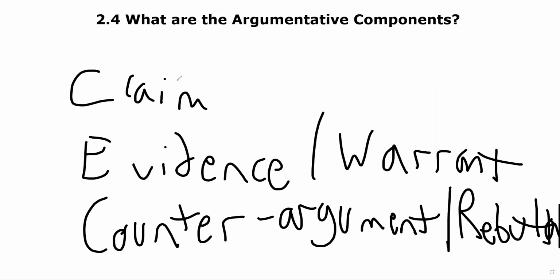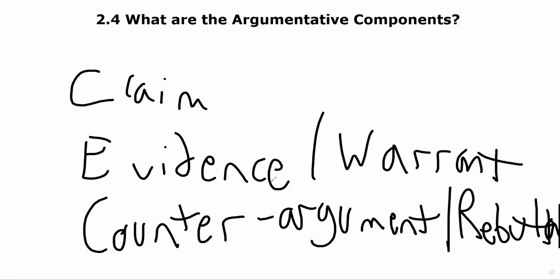So an argumentative essay typically will have at least a claim and evidence. And sometimes if it is extremely sophisticated or particularly nuanced, it will include also a counter argument, at least one, which is also known as a rebuttal. So again, when I say warrant, I'm referring to supporting evidence. When I say rebuttal, I'm referring to essentially a counter argument.